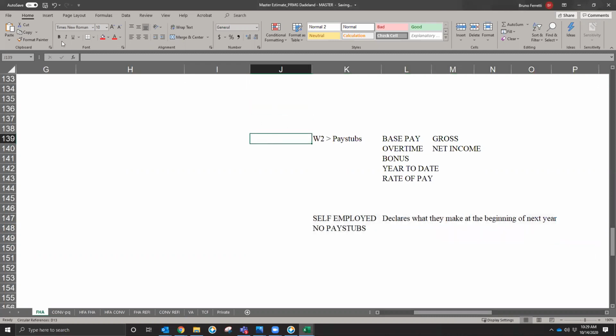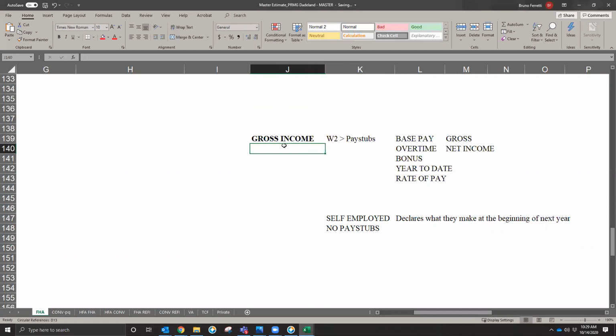So when we're looking at a W-2 employee, I can use the gross income, which is, in other words, before taxes. Okay. When somebody is self-employed, I have to use their net income, which is after tax and loss.